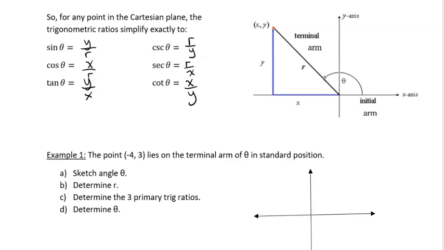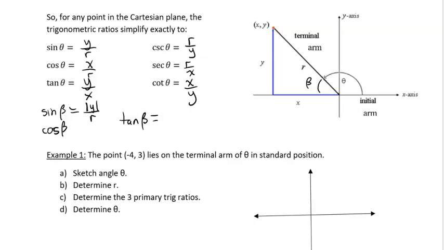The one thing I want to add here before I do that is that the related acute angle is this angle here. And in terms of sine, cos, and tan of those, we're always going to make those positive ratios. So sine of the related acute angle is the positive value of y over r. R is always positive, so we're not going to worry about making the positive of that.